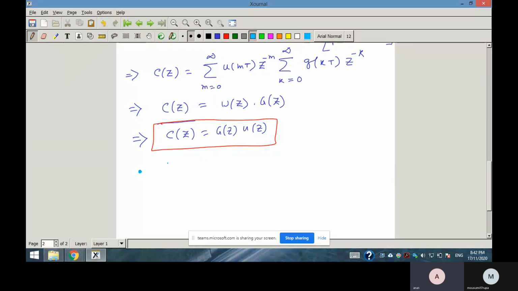Observation is the Z transform of a system is the Z transform of its impulse response.